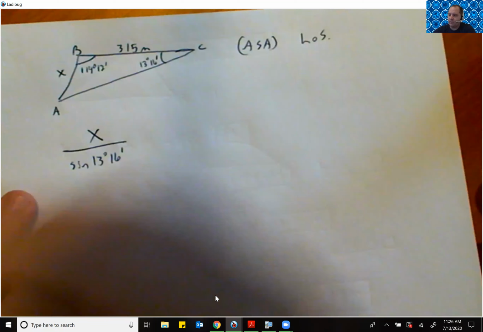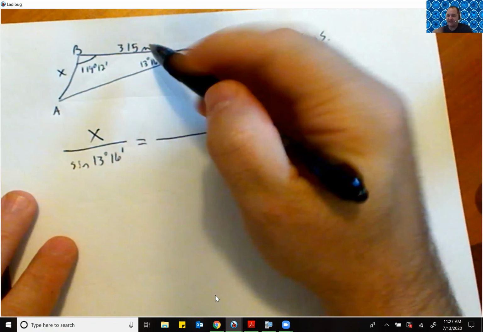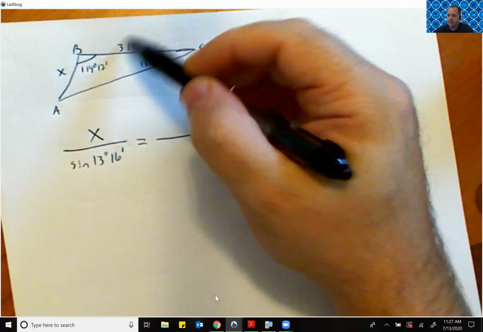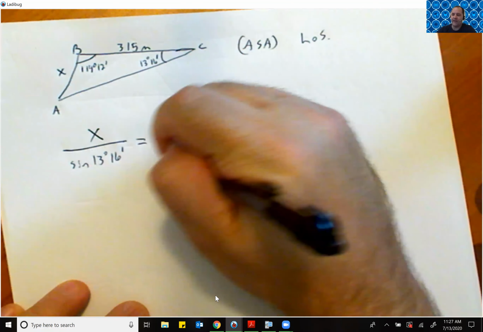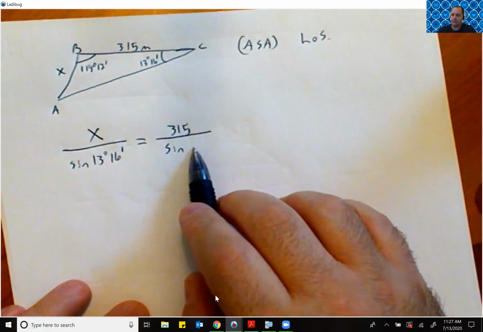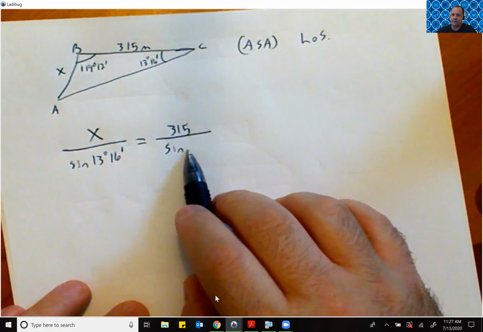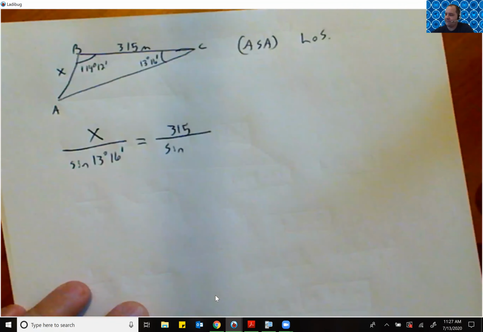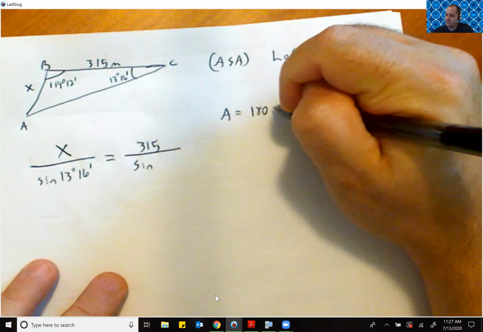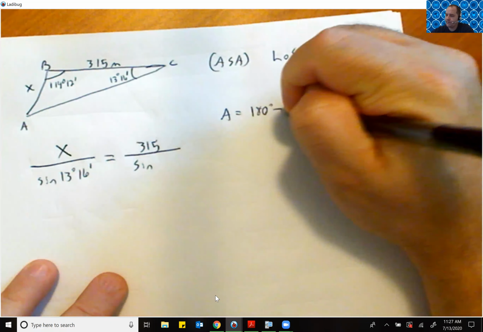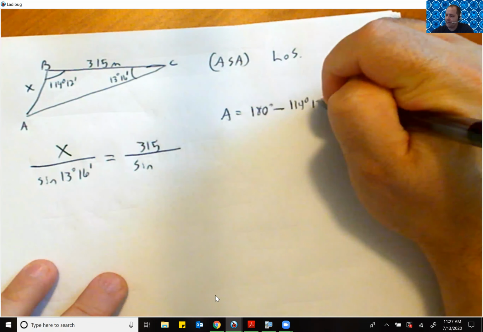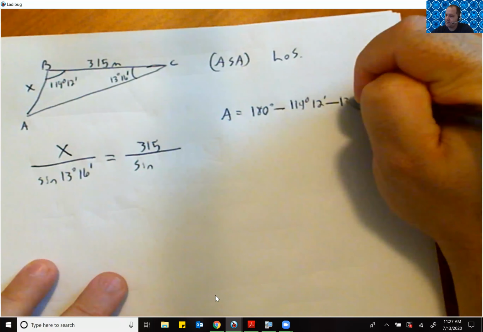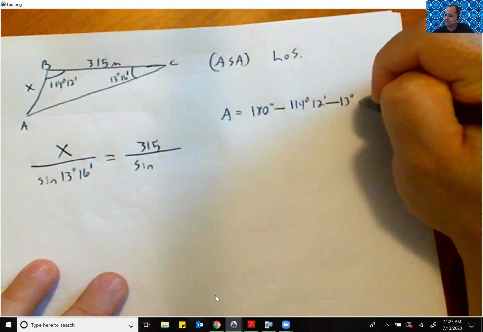And that will equal, well, we want to use the 315, but we don't have the angle for big A yet. So that's what we're missing here. So that's why we got to find this guy first. Okay. So again, to find big A, not hard. 180 degrees minus 114 degrees, 12 minutes, minus 13 degrees, 16 minutes.